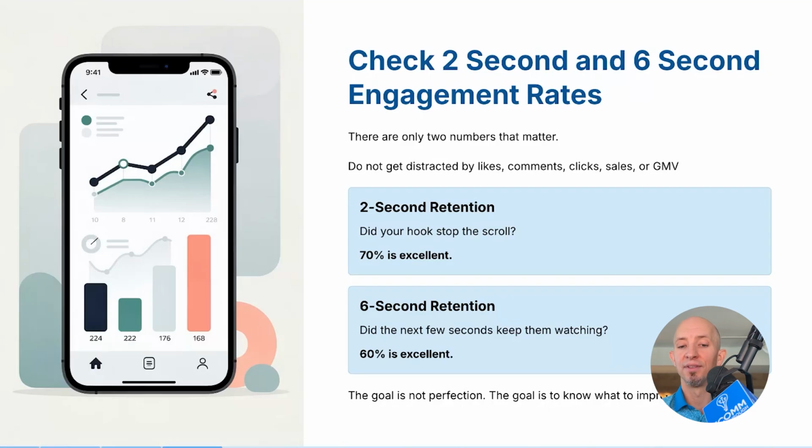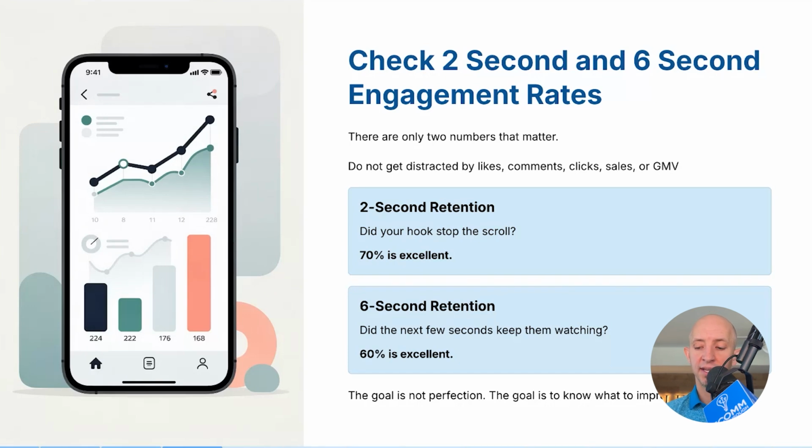Okay, now, secondly, the 6-second engagement rate. Can you get to 60% engagement after 6 seconds? Now, these are excellent numbers. Okay. I've also seen videos do really well if they have a 50% or above 2-second engagement rate.